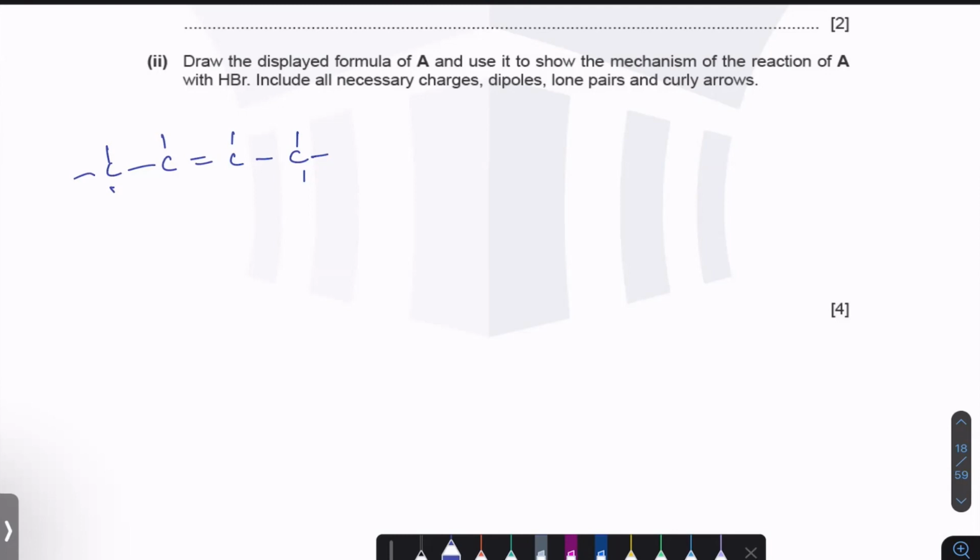Okay, so first of all, we have HBr. Now remember, you have a polar molecule. That means H is the one that's going to come here because of its slightly positive charge that's already there. The pi electrons attack it, and these electrons run away. We get carbocation on one.